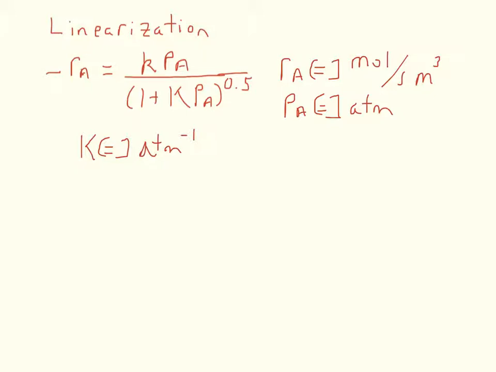So little k, the rate constant, has to have units moles per second per cubic meter per atmosphere. Now that we've established the units for the rate constant and the large K, which is an adsorption term, how do we express this equation in a linear form?